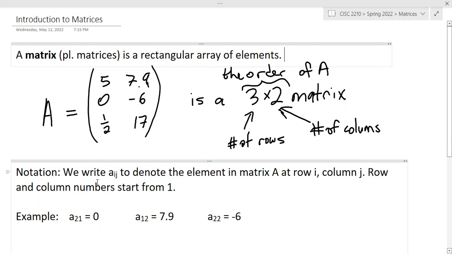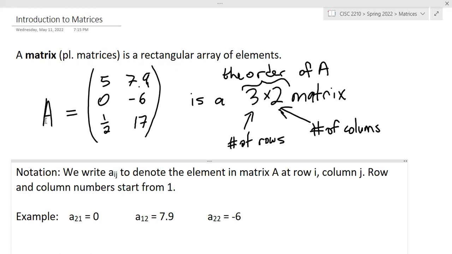Now we use notation A sub ij to denote the element in matrix A at row i, column j. And row and column numbers start from 1. So for example, using again this same matrix here, what is A sub 2,1? So that means matrix A at row 2, always we do rows then columns.